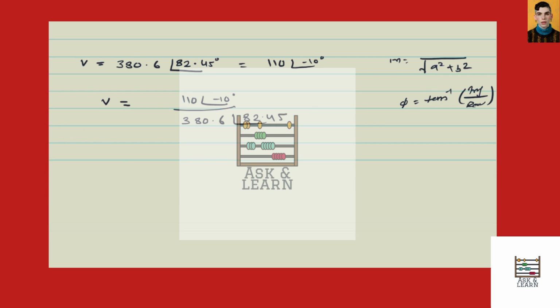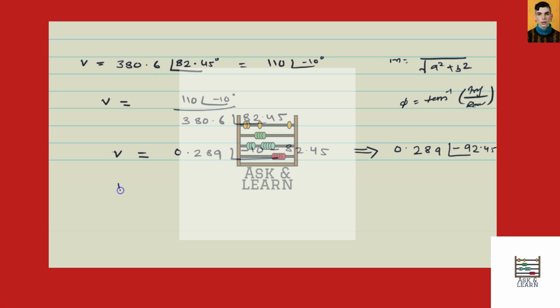Now simply divide: we divide the magnitude 110 by 380.6, giving 0.289, and for the angle, −10, we shift the 82.45 into the numerator form as −82.45, then the answer will be 0.289 angle of −92.45 degrees. So this is the value of voltage.